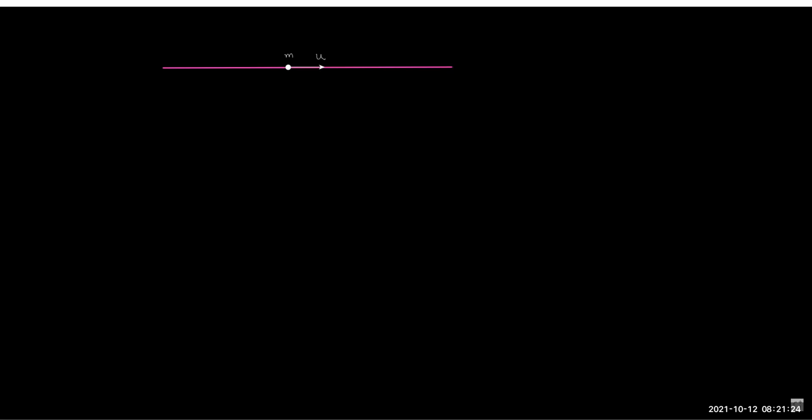So now if we assume some observer somewhere, so let's say we have an observer here. And if the observer is looking at this particular particle, this is the line of sight.